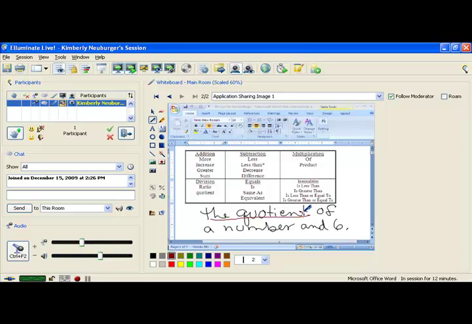Now after that word quotient will be the things that you're going to divide. So notice that we see a number and 6. Since number comes first, that's going to be the first item that we have. The quotient is actually a division symbol, which is going to be a fraction bar in this case. And then 6 is what we were dividing by. So this sentence here translates into this in math terms.